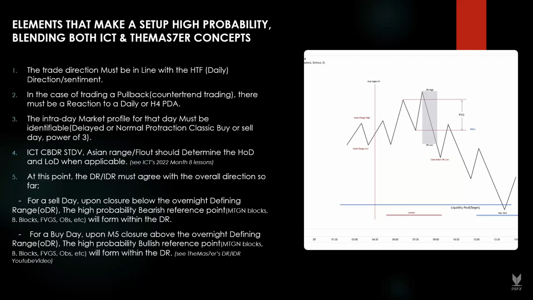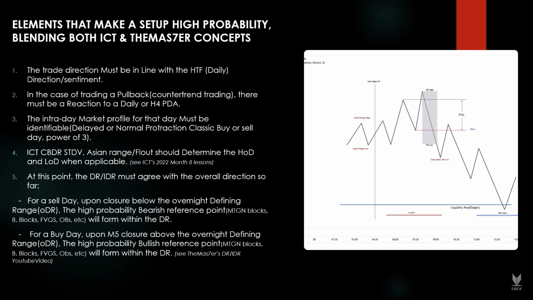So the trade direction, number one, must be in line with the higher time frame, the daily time frame. Okay, so the trade direction that you are looking to take must be in line with the higher time frame direction or sentiment.